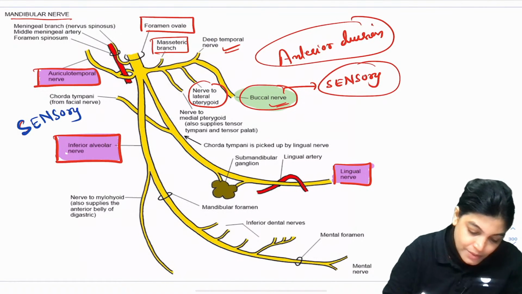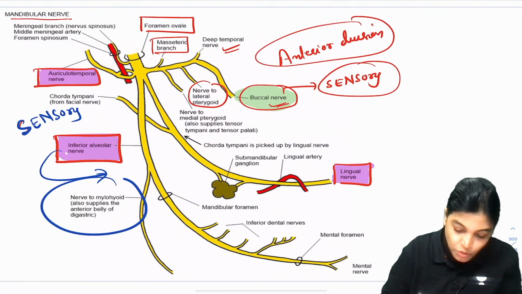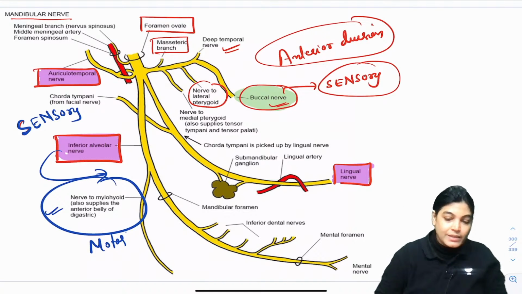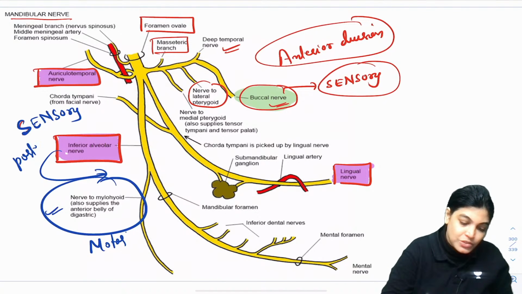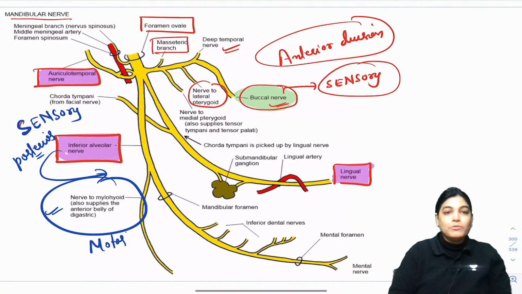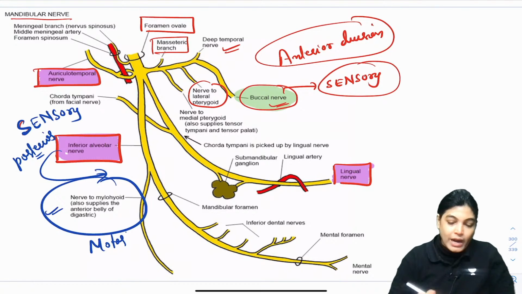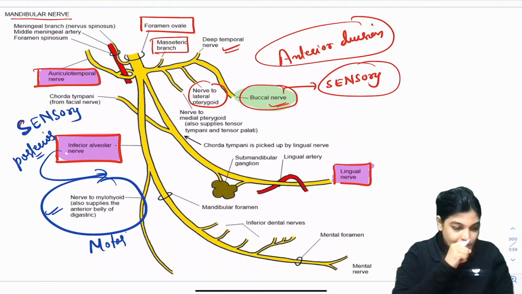Only the inferior alveolar nerve gives one motor branch, called the nerve to mylohyoid. So the majority of the posterior division branches, auriculotemporal, lingual and inferior alveolar, are sensory, but the inferior alveolar nerve gives one branch, the nerve to mylohyoid, which is motor. So is it clear to everyone?